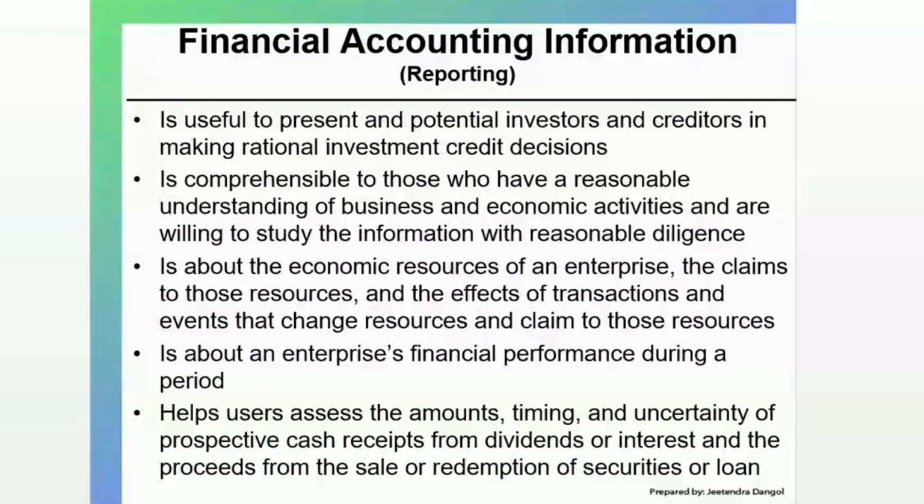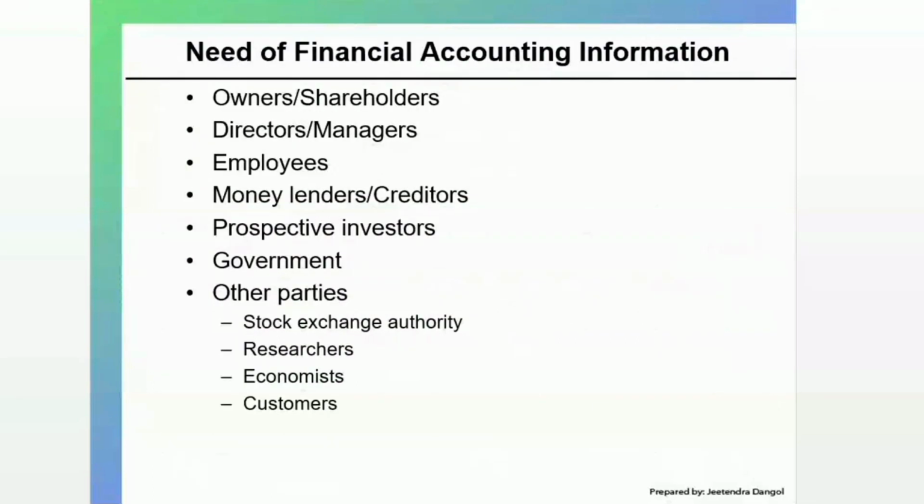Because they want to know what return percentage is asked by the supplier or the company. Is it a fair price or not? Because we have a lot of laws. In the trading business, we have a law that there should not be more than 20% profit on cost. That law is effective. If the customer wants it, what is the profit margin taken by the seller? So there is certain financial accounting information which we need.